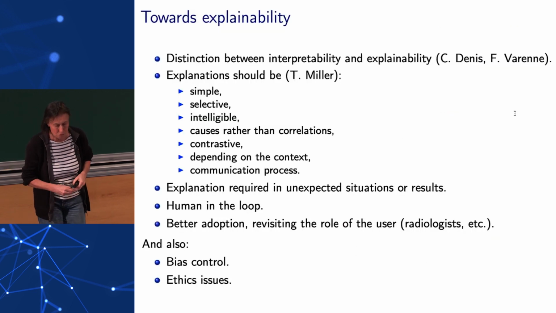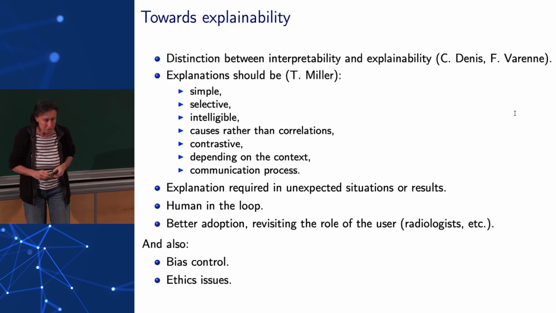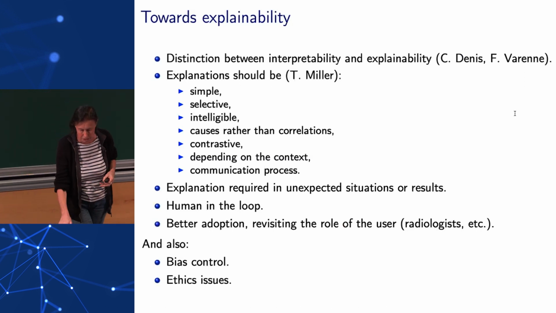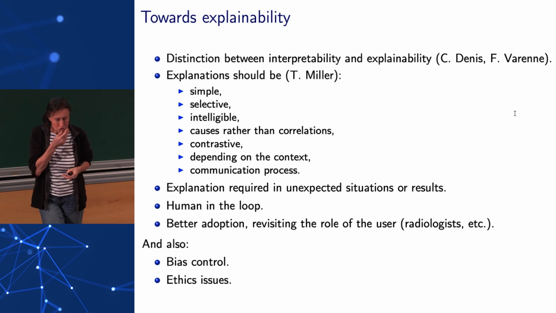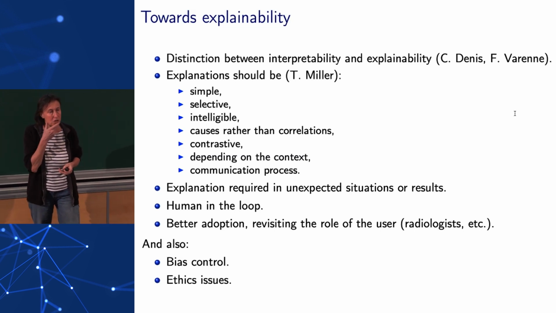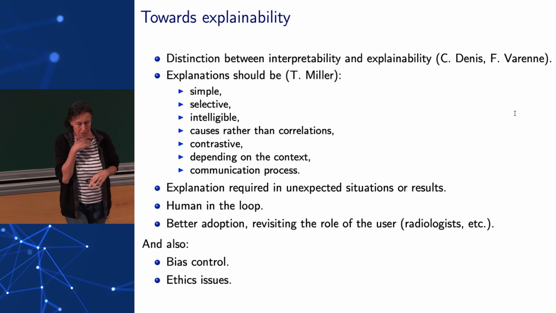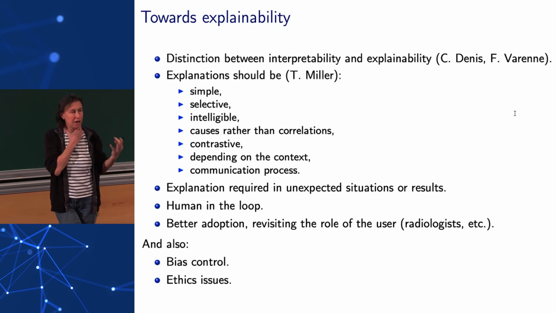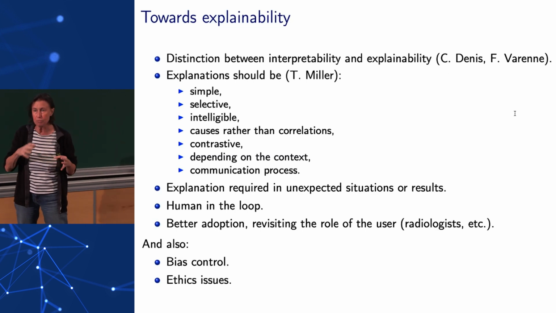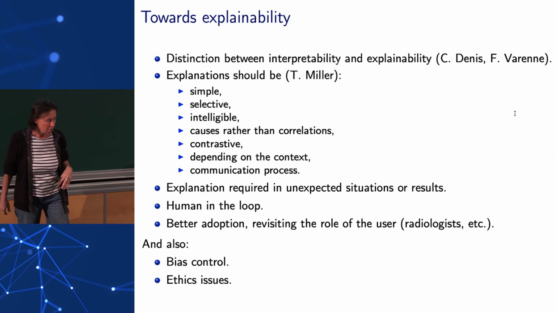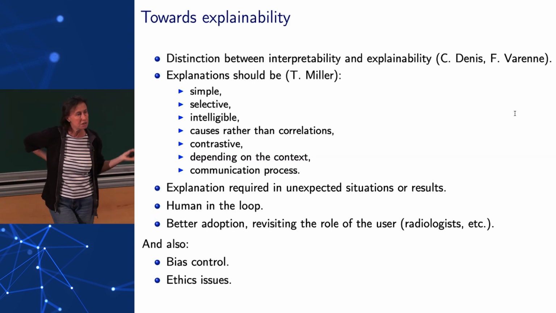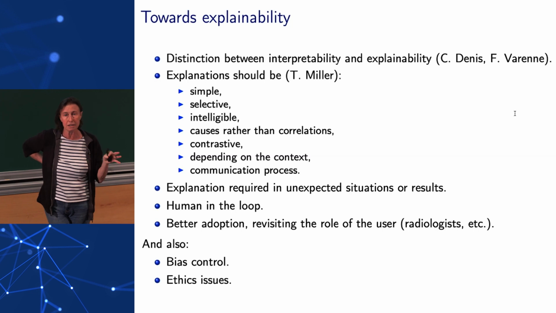So just to conclude, a few words about the work we are going to do now. We are relying on the work by Tim Miller, which defined what should be an explanation based on a summary of a lot of studies in philosophy, in cognitive sciences, and in sociology also.